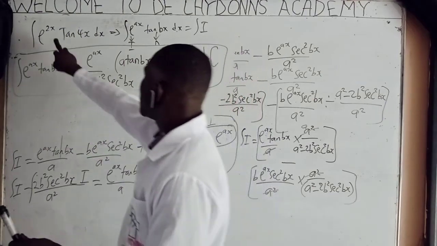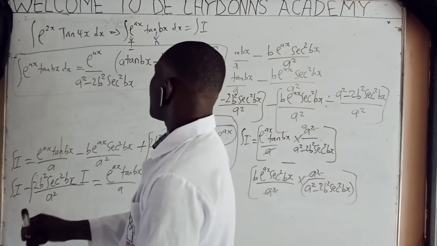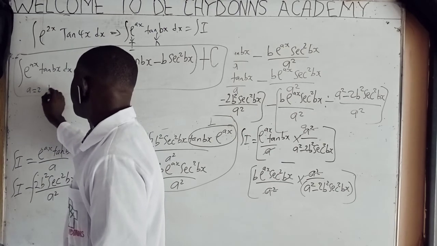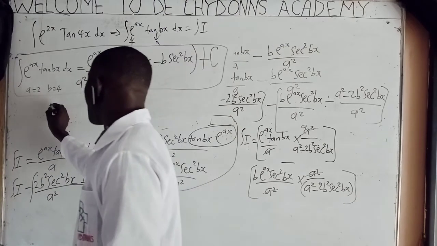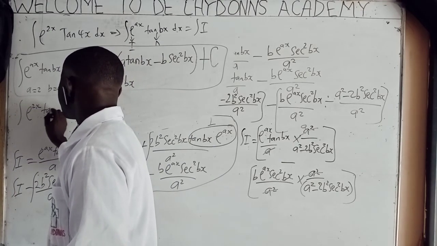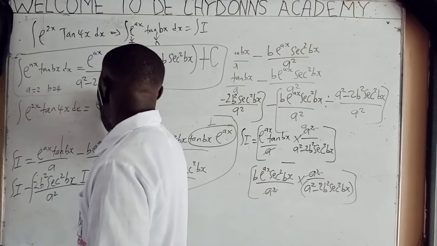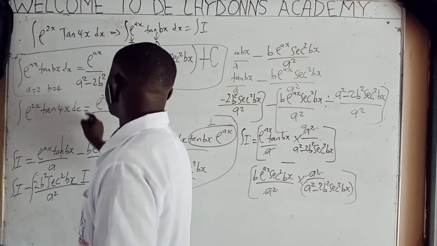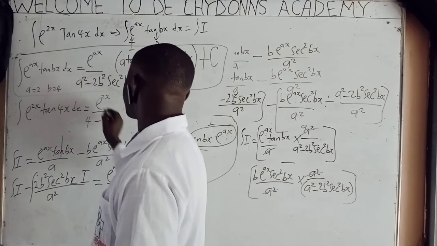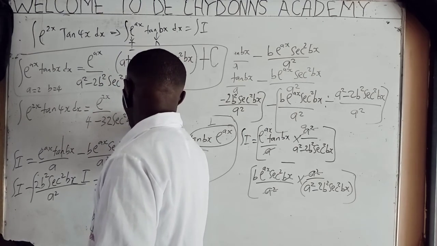Now I want to solve this question. Integrate exponential 2x tan 4x dx. Comparing it with this, my a equals 2, my b equals 4. I put in the formula: the integral of exponential 2x tan 4x dx equals exponential 2x all over 4, that is 2 square, minus 2 times 4 square, which is 16 times 2, 32, sec square 4x.